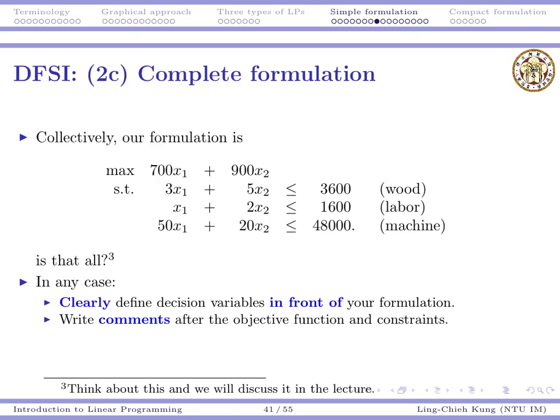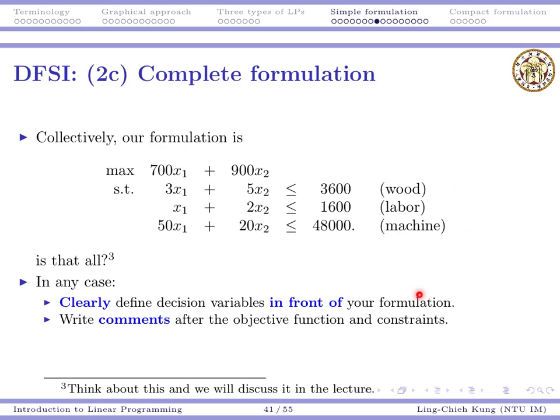Anyway, in any case, there are two things that you should do when you are formulating a linear program. You need to clearly define decision variables in front of your formulation. According to my personal experience, many people write down the formulation first and then tell us what their variables x1, x2 are after the formulation.